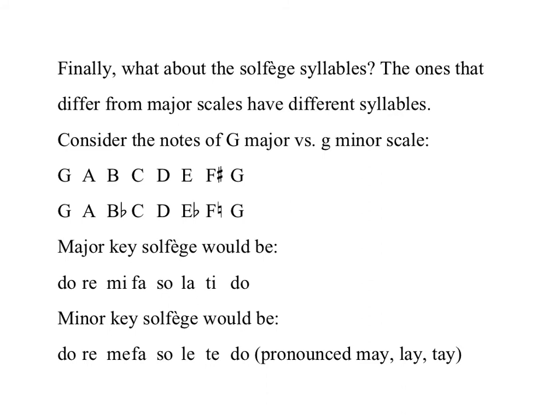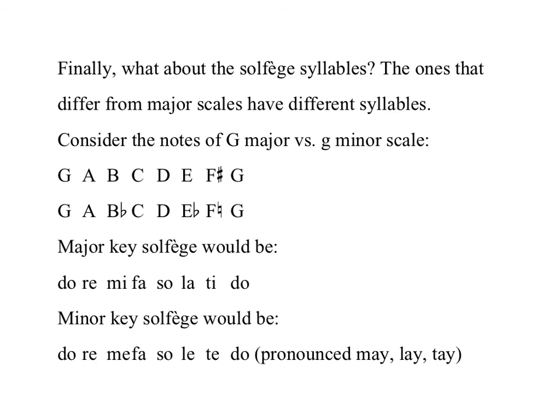And finally, what about solfege syllables? The ones that differ from major scales have different syllables. Consider the notes of G major versus G minor. That's G major. And that's G minor. We'd already talked about the major key solfege.